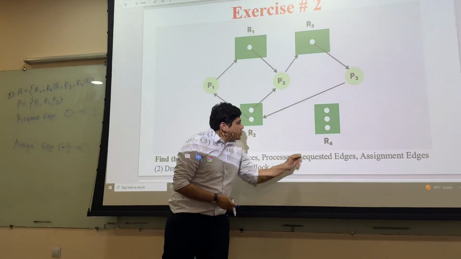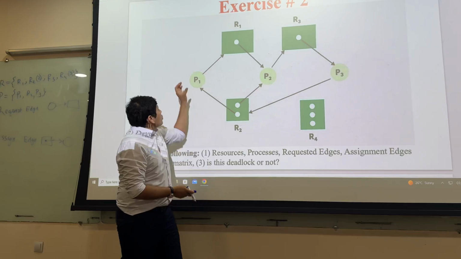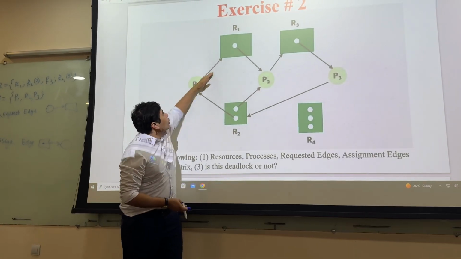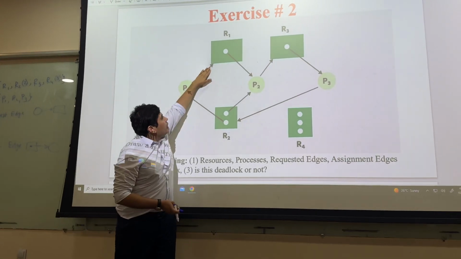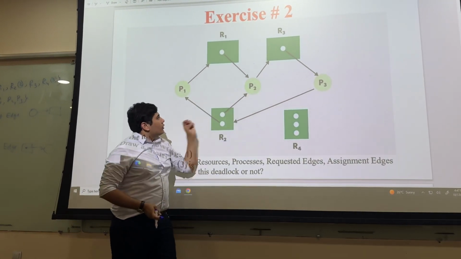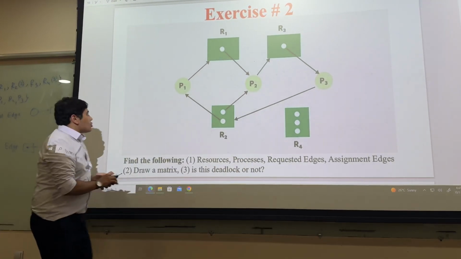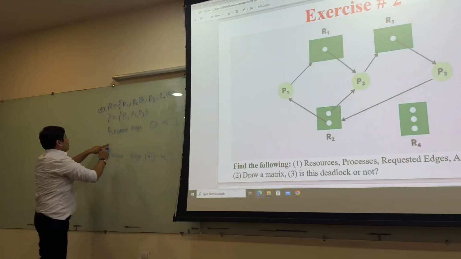Find the request edge. A request always comes from the process and goes to the resource. So P1 is requesting R1, right? We have 3 request edges. The request edge starts from P1 to R1.